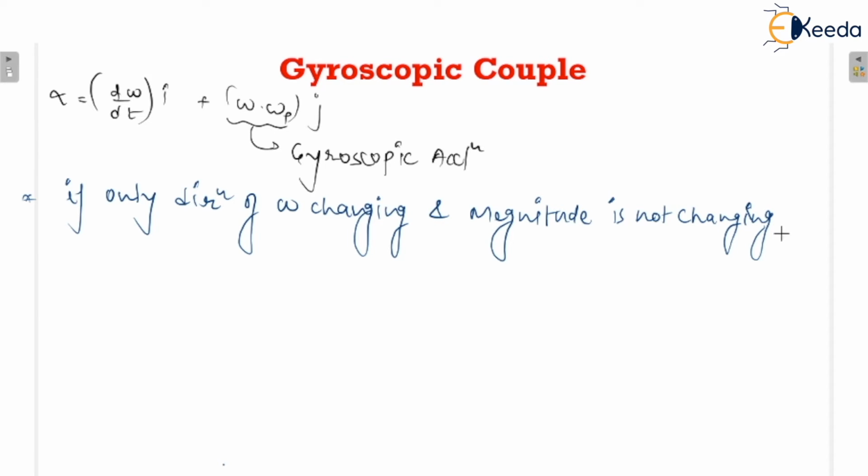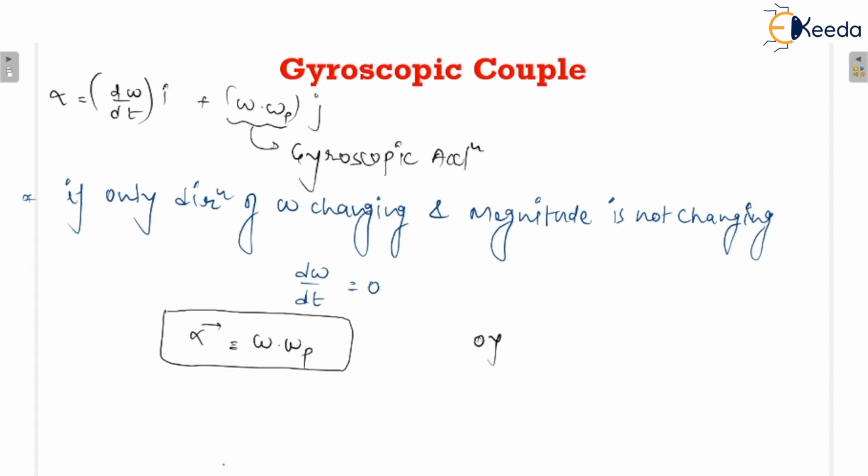So you can see that alpha would be equal to only omega p, because only the direction of omega is changing. In that case, angular acceleration would become equal to omega p, and the direction is the y direction.